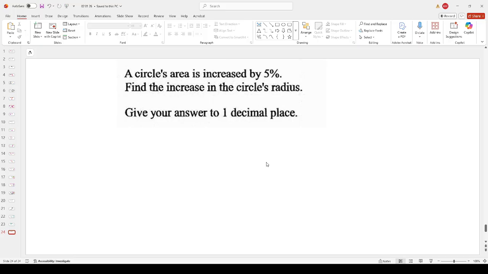So area, how do you work out area of a circle? Pi r squared. So it's going to be pi r squared times what? 1.05, correct.